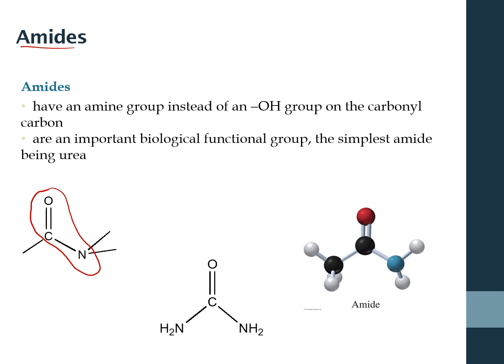Now, to determine specifically which one you have, you need to look for a carbonyl. If you have a carbonyl with the nitrogen, the functional group that you have for that compound is an amide. If you have nitrogen but you don't have a carbonyl, then the functional group that you have is an amine. So these two are ones that you can mix together. But remember, with the carbonyl, it's amide, and without the carbonyl, you have amines.